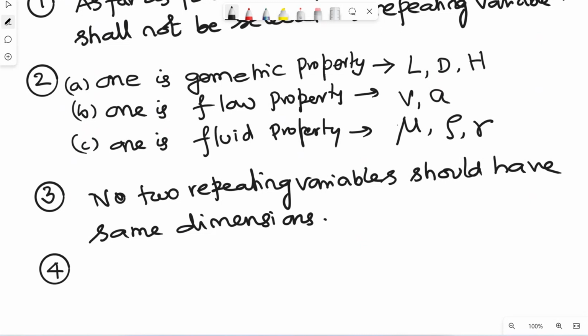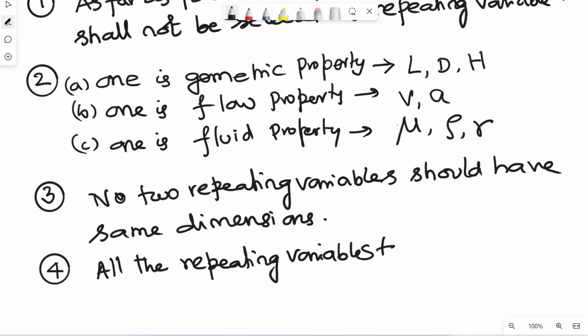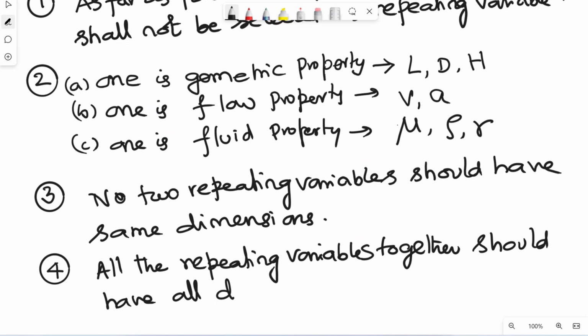Fourth thing is all the repeating variables together should have all dimensions. That means every variable may not have all the dimensions.